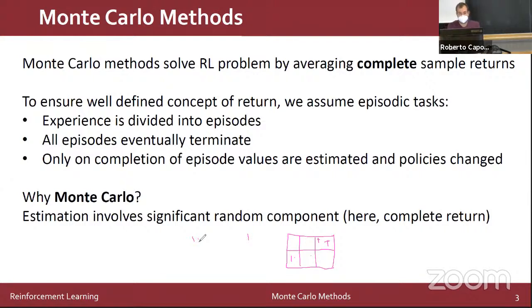That's the return that you get from that state. So from here, I will sum all the 9 rewards that I got. From here, I will sum 8 rewards. From here, I will sum 7 rewards. Here, I'm assuming we have a new state.